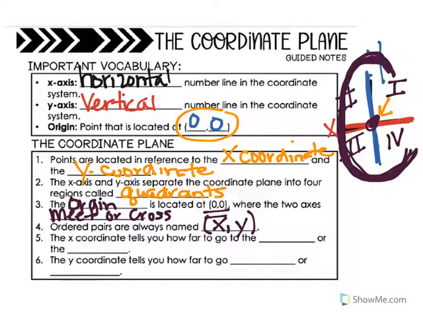So x, y. When we're writing coordinates, we always start with the x value, so left or right. On our coordinate grid, the x coordinate tells you how far to go left or right, and the y coordinate tells you how far to go up or down.